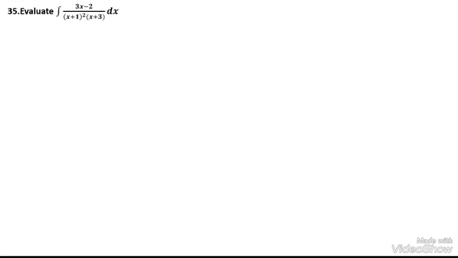Let us consider this expression. I can write 3x minus 2 divided by x plus 1 whole square into x plus 3 in the form a divided by x plus 1, plus b divided by x plus 1 whole square, plus c divided by x plus 3.